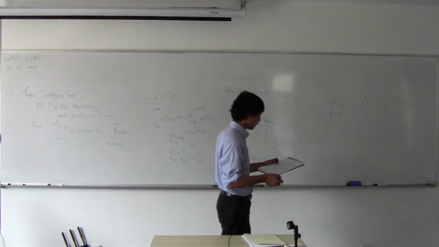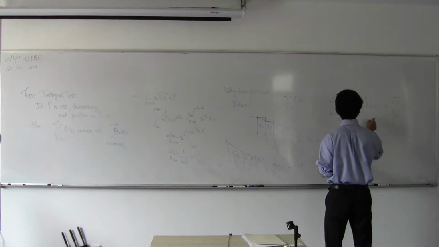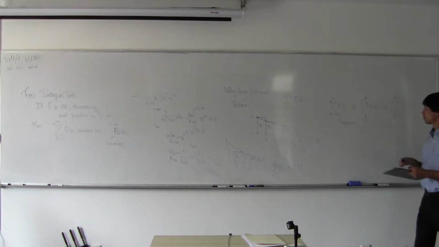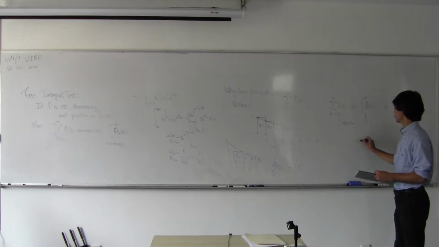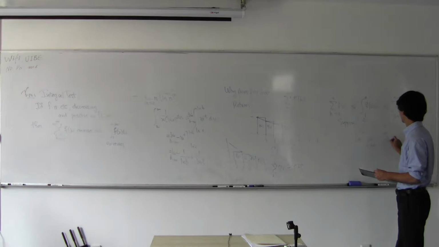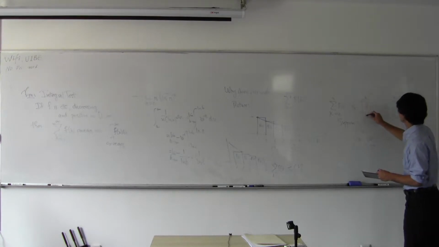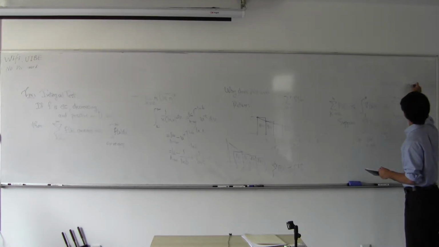So you say, well, look. Suppose the sum of f of k is some number L. Then the limit as n goes to infinity of the integral exists, because this is a monotonic non-decreasing sequence.